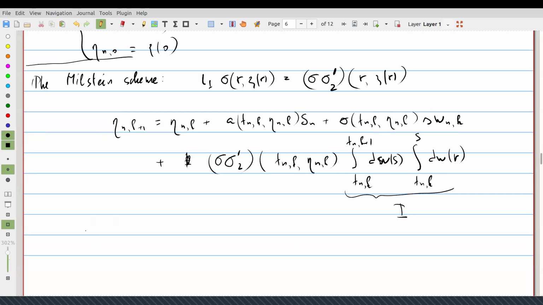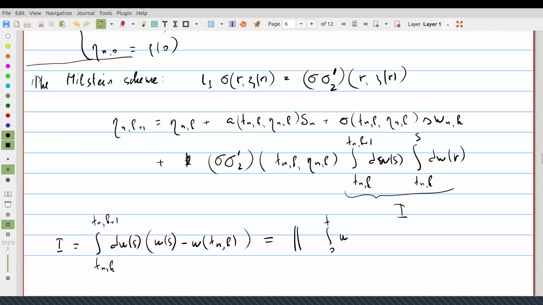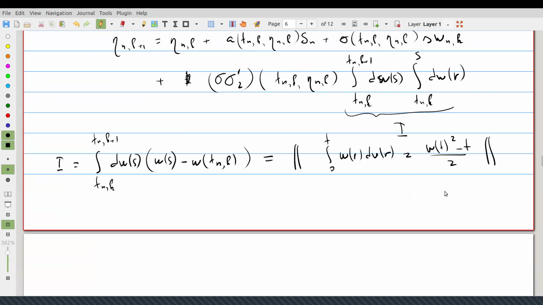Let's have a look at this expression, because we actually know how to calculate it. The inner integral dW_s is actually W_s minus W_t_n,k. But we already know that the integral from 0 to t of W_r dW_r is just (W_t squared minus t) divided by 2. We calculated that a number of times, especially when we were proving some properties of the quadratic variation of a Brownian trajectory. So now we start instead of 0 from this point, but here we exactly have a Brownian process that starts from this new time. So this is effectively one half of (delta W_n,k squared minus delta).